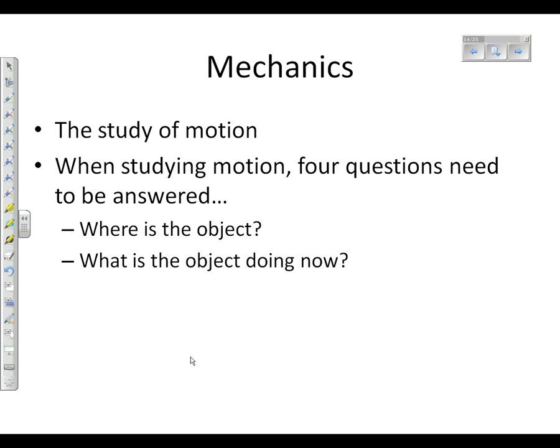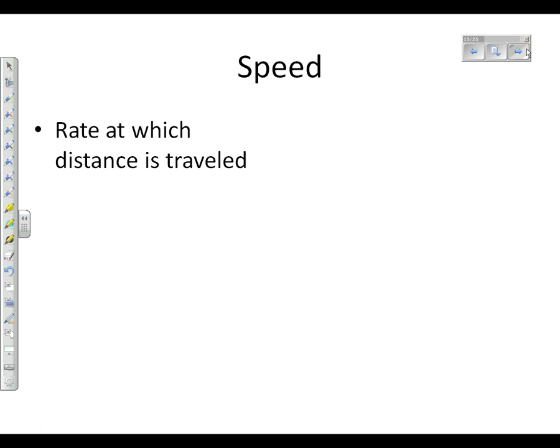Once again, we have a couple of different options as far as describing what that object is doing right now. So let's talk about the first one. Speed. I'm assuming most of you have at least heard of speed or are familiar with it somehow. As far as the definition goes, speed is the rate at which distance is traveled.